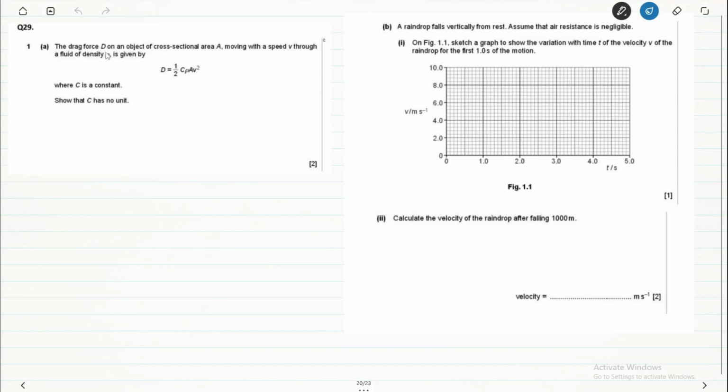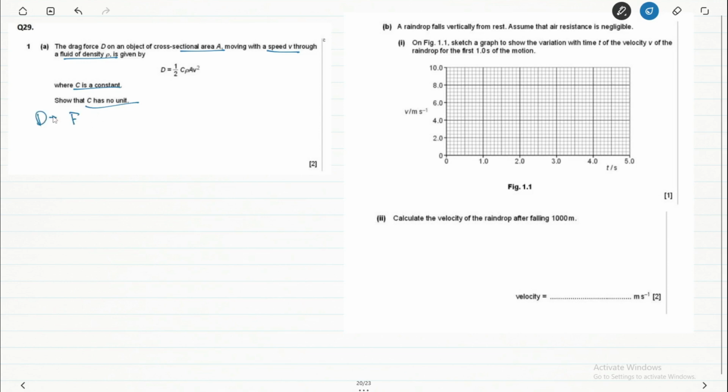Now, the drag force D of an object of cross-sectional area A moving at speed V through a fluid of density rho is given by this, where C is a constant. Show that C has no units. Now, let's do this. This is a force, right?